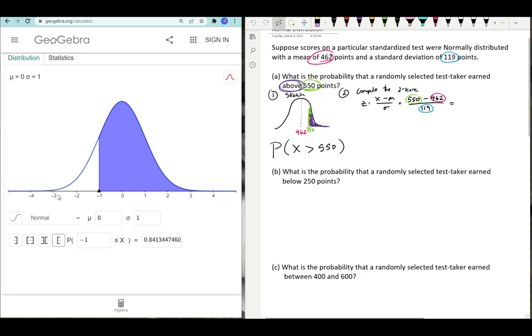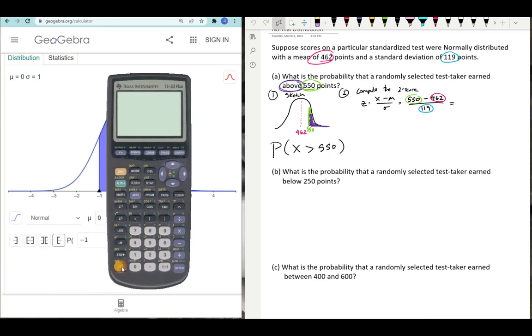You do not have to have a graphing calculator to do this. I just happen to have a graphing calculator. I am going to compute this. So, parentheses, 550 minus 462, end my parentheses, divided by 119. Hit enter. I can find that my z-score for this situation is 0.7395 after rounding.